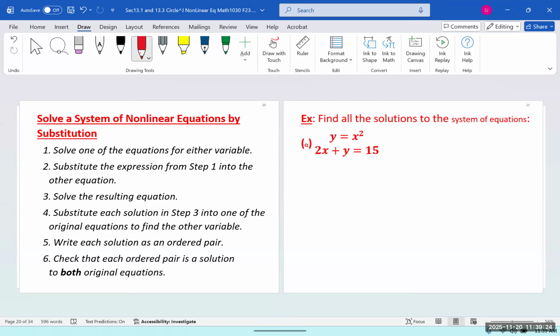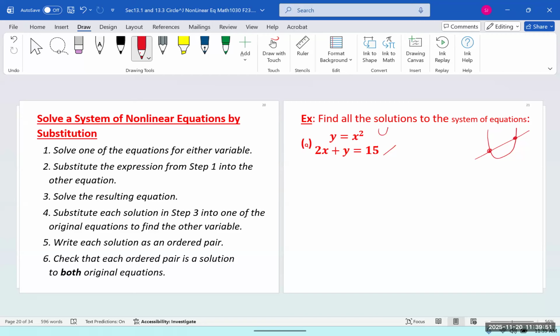Now, y equals x squared is a parabola, and 2x plus y equals 15 is a line. So this is the scenario. We have a parabola and a line, so we're supposed to have two solutions. If you have one solution, that means something is wrong, okay?